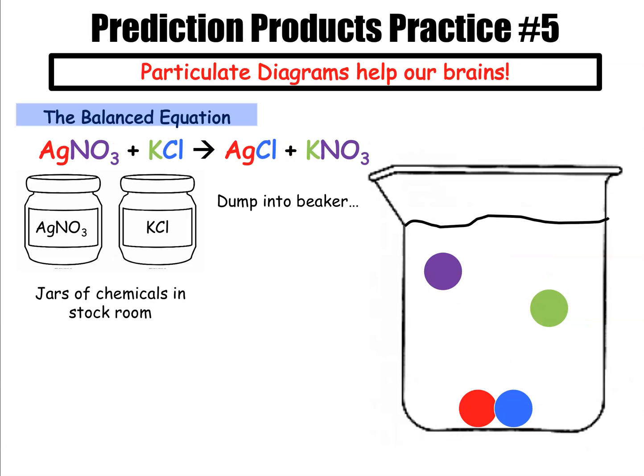Okay. All right, silver nitrate and potassium chloride, giving us silver chloride and potassium nitrate. Again, products only. Silver chloride is a solid that we saw earlier. And then we have 1 potassium, 1 nitrate floating around because it was aqueous. So these diagrams can be helpful to try and illustrate what's going on.